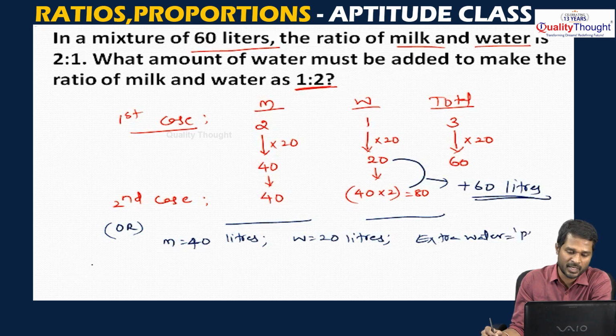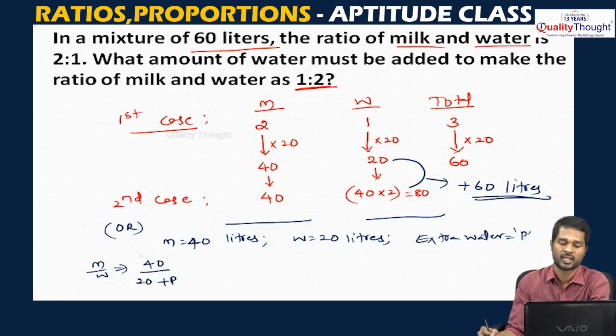Now check here, milk and water quantity. Milk is 40, it remains the same. Originally water was 20 liters. I need to add extra P liters so that the new ratio will become 1:2. We need to find the P value, which is the extra amount of water we need to add.